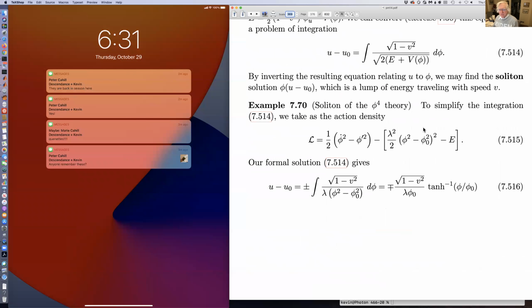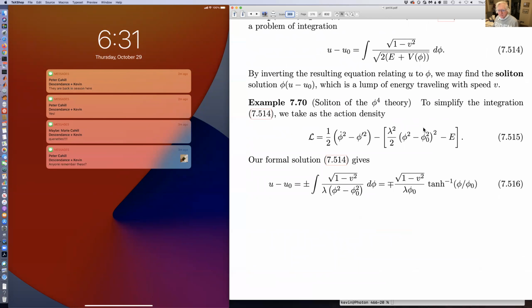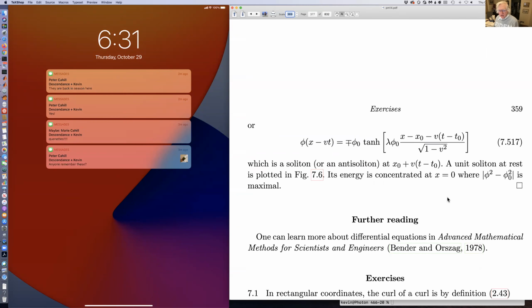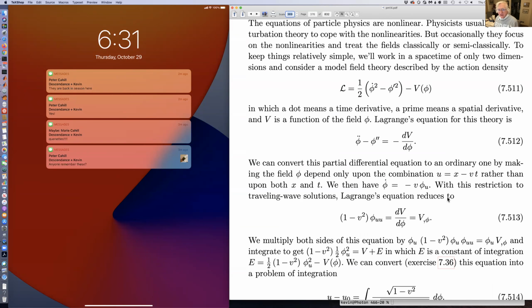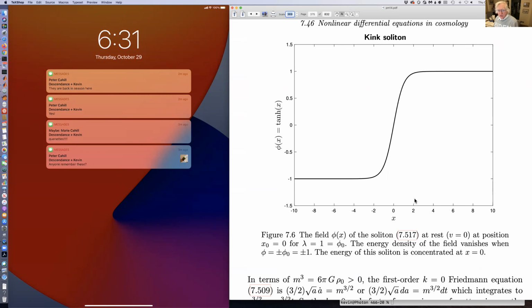And in particular, one of the solutions of this equation is called a soliton, and it looks like this.